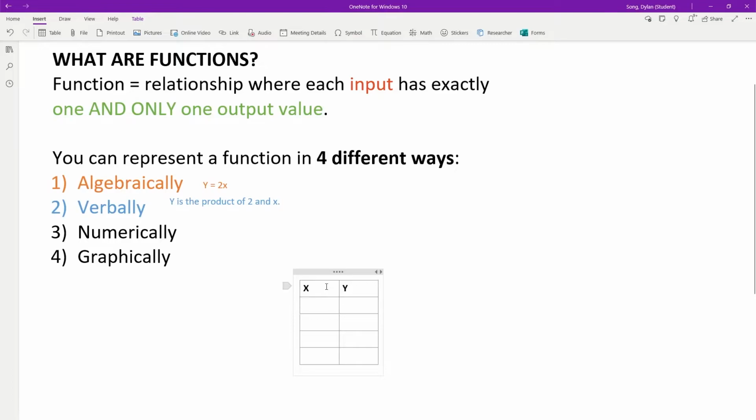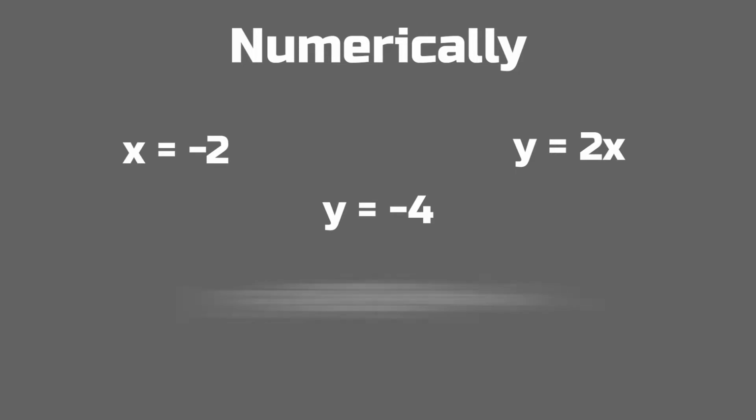Let's say that our input is equal to -2. What would our output value be? Well, our output would have to be -4, because we defined our function as y equals 2 times x. In this case, x is -2, so our output would be 2 times -2, which is equal to -4.